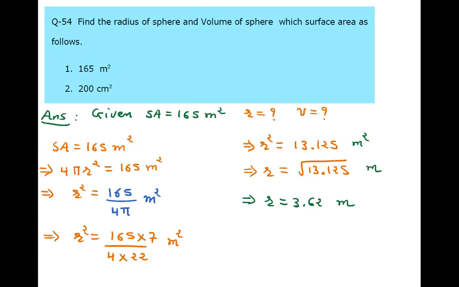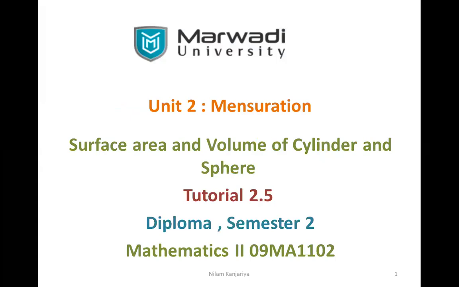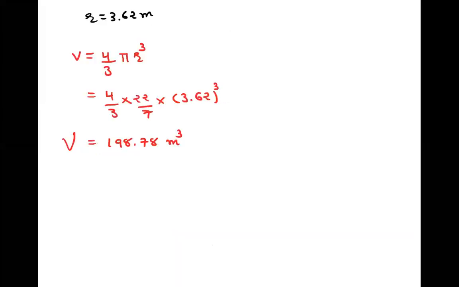Here your tutorial number 2.5 with your unit number 2, mensuration, is over. All tutorials of your unit 2 are over. This chapter is very easy. So today I completed one more topic, the cylinder and the sphere.